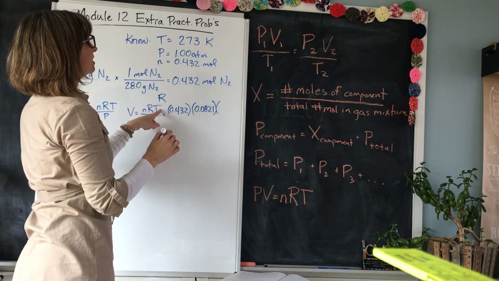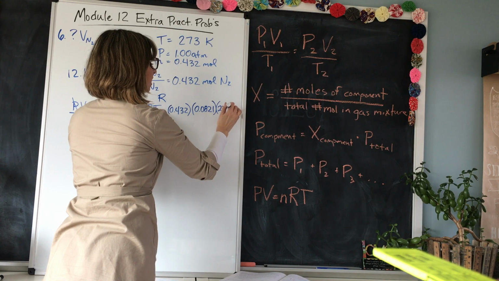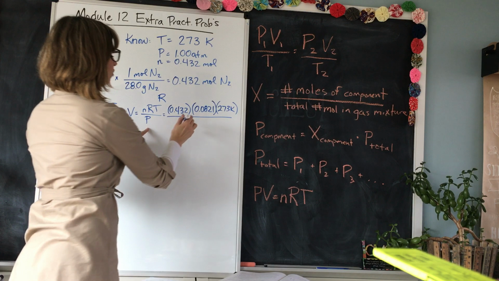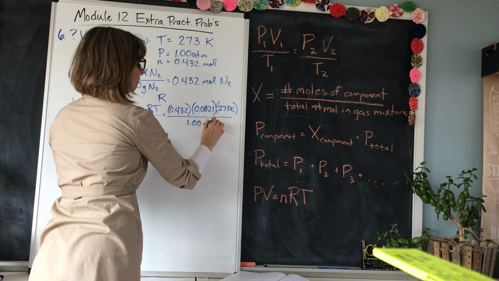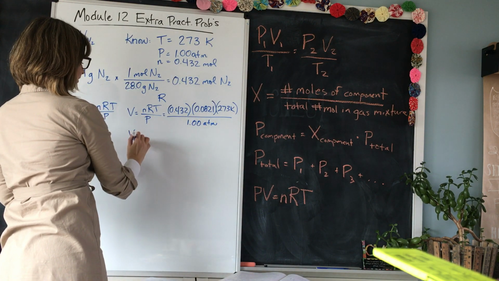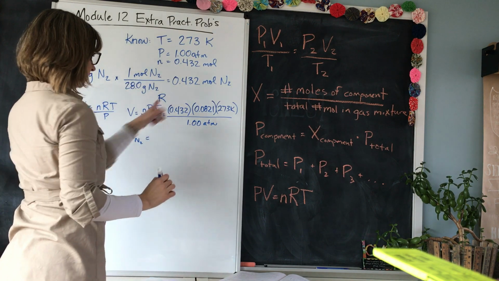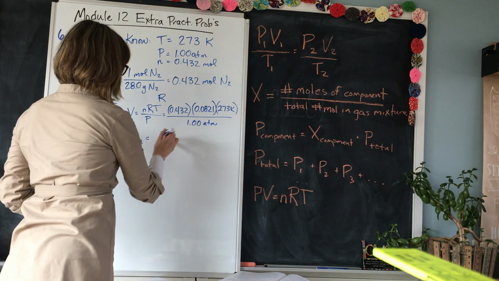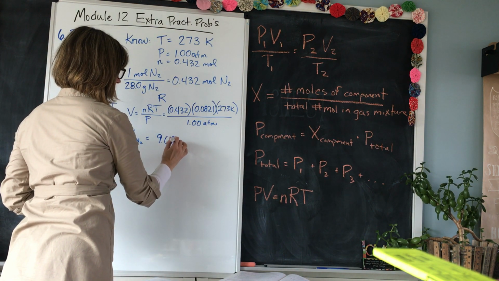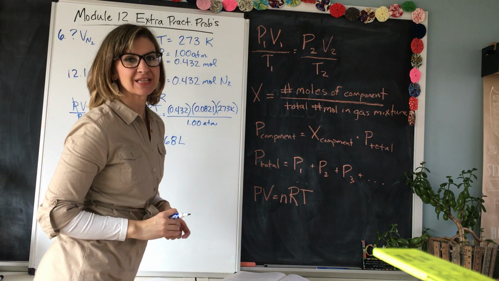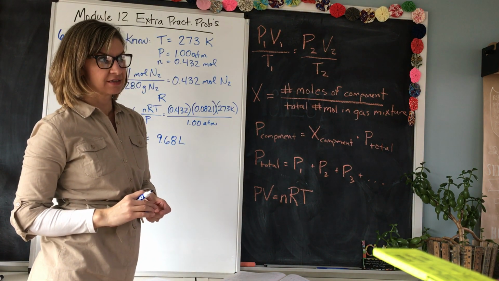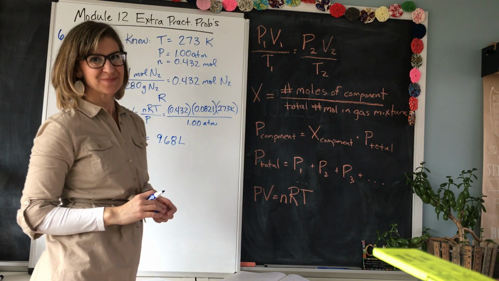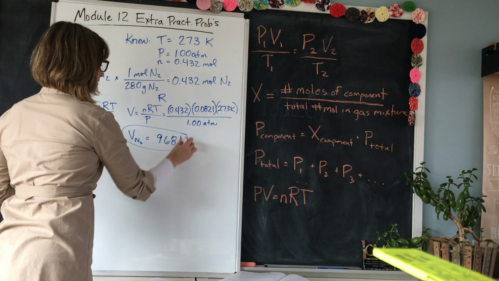And then we're multiplying it by temperature, which is 273 Kelvin, all that over pressure, which is 1.00 atmospheres. So the volume of the nitrogen gas would be 9.68, and your units would be liters, because of course that constant R has liters in it. Okay, so that's the answer for number 6.